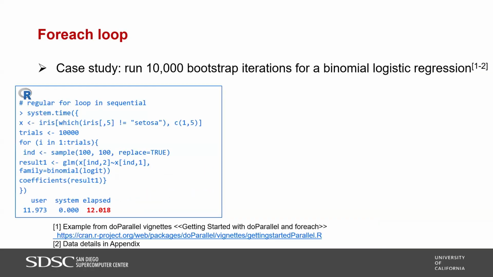But how about we do a real case study, which is about running 10,000 bootstrap iterations for a binomial logistic regression. This example is from the doParallel manual, which is commonly used for teaching doParallel.